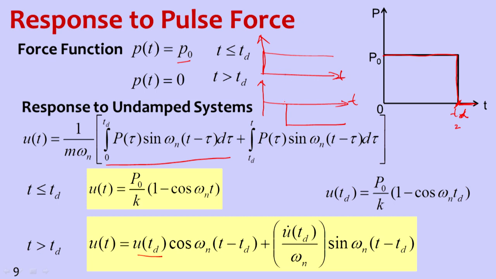So this is Td. What this gives is the constant pulse value. So P naught, a step force, response due to step force from time t equal to 0 continuously up to any point of time, and this function gives the response to a step force from time t equal to Td. If we subtract this from this one, then also we get the same value.